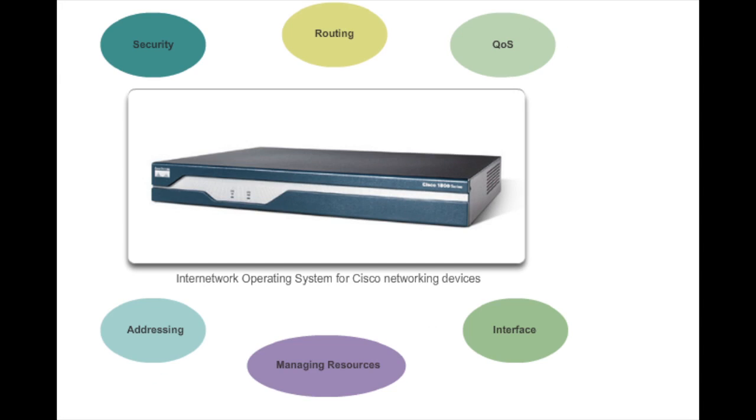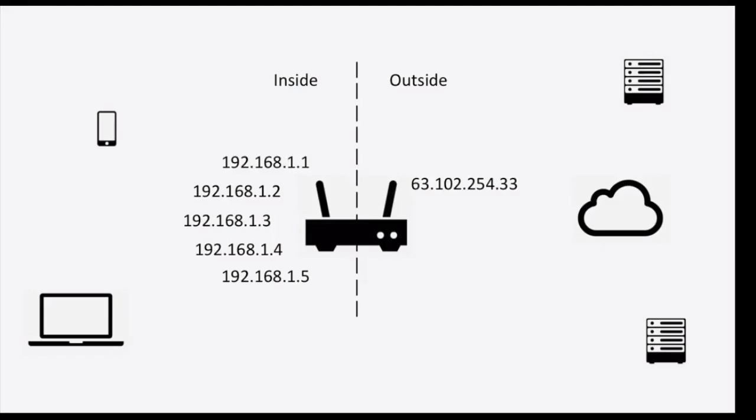Our routers have different functions. These are all included in the OS of each router. These might be providing network security, assigning an IP address to physical and virtual interfaces. The IP is really important because it is an identification of what device and where the device is connected to the network.